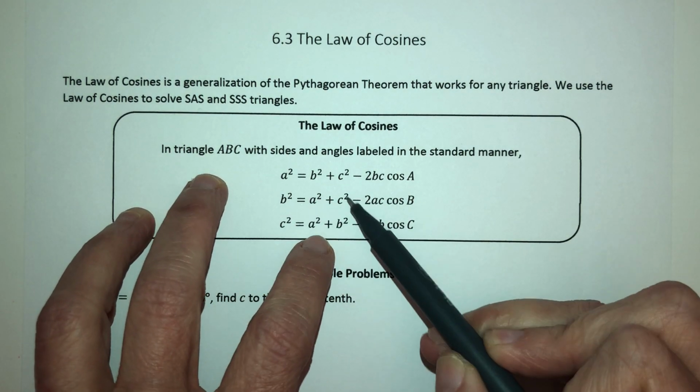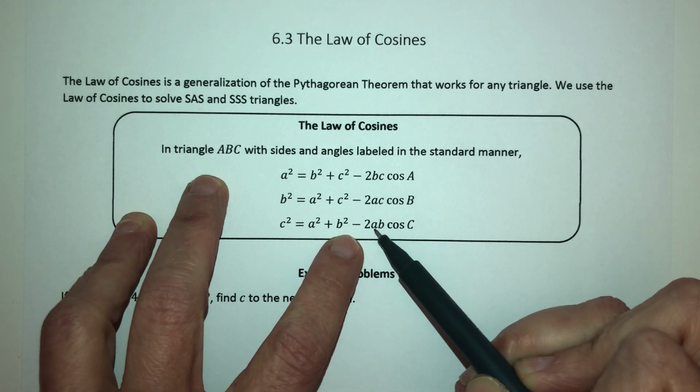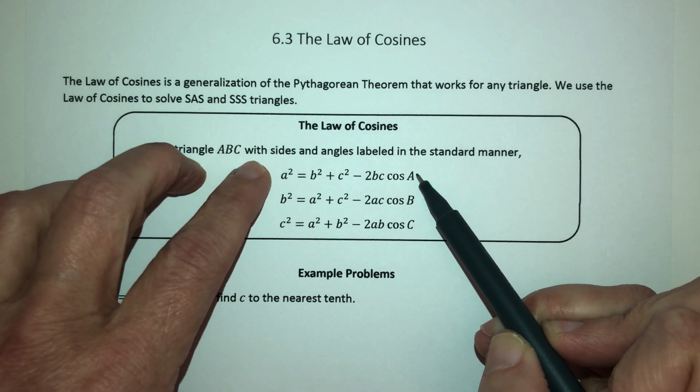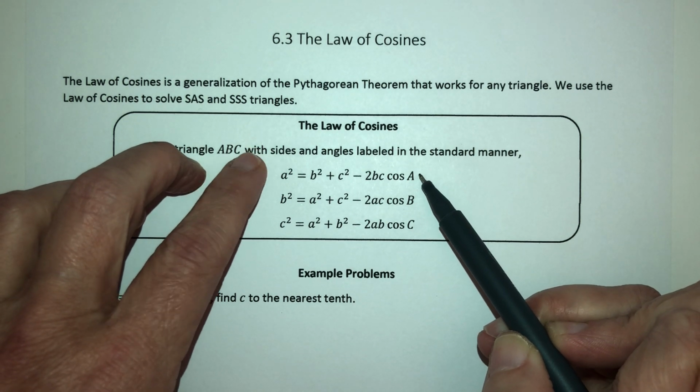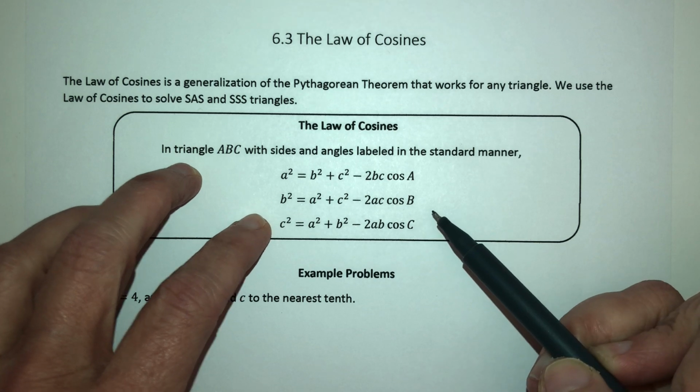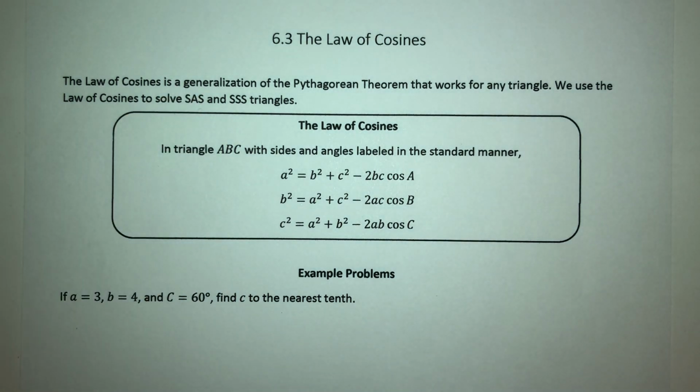A times C, which are these two here. AB, AB. And then the angle and the side are the pair. So A and A, B, B, C, C, okay? So essentially they're the same, it's just a matter of what information you're going to be looking for.